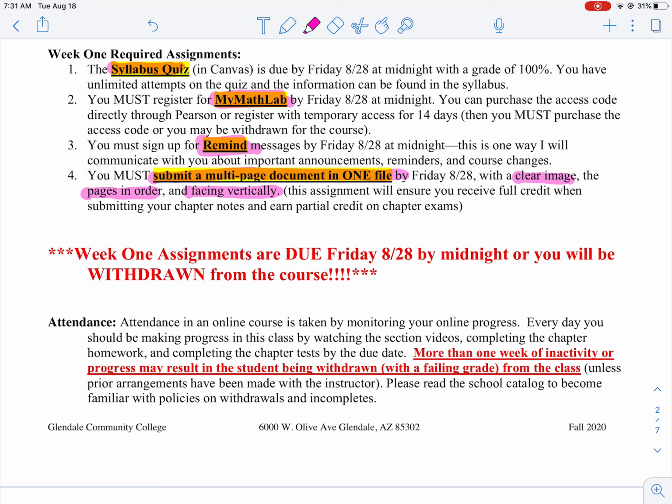I'm really emphasizing this because it was such a hassle this summer. Students were upset that I didn't give them credit, but I could not read or follow any of their work. So please make sure that you are able to submit this assignment properly by following the directions in this assignment so that you can get all of the points and credit that you deserve.